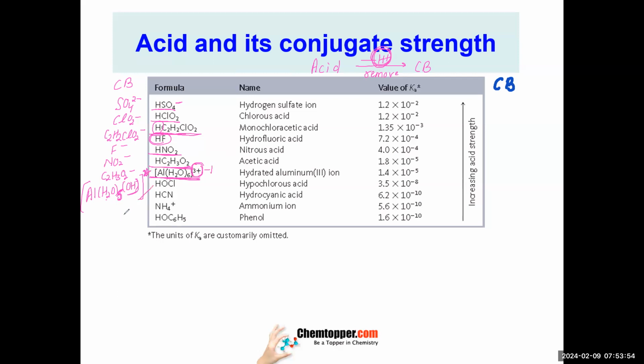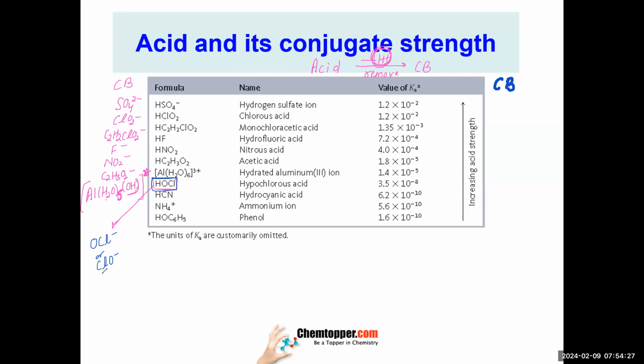Now, what's the conjugate base for this? This one. Conjugate base. Yes, remove hydrogen. You can write it OCl minus or you can write it ClO minus. If you see, all these are polyatomic ions.